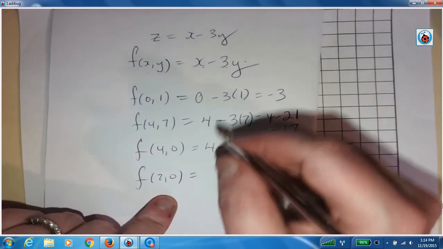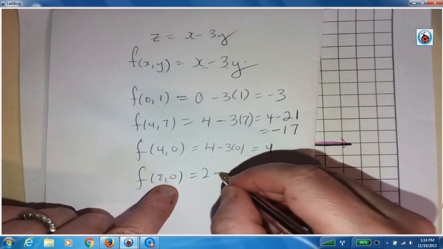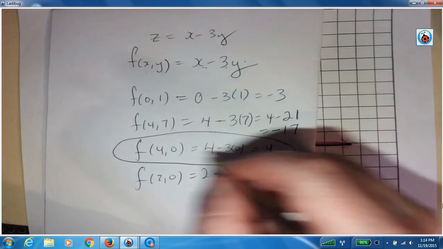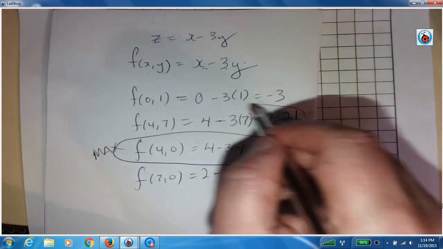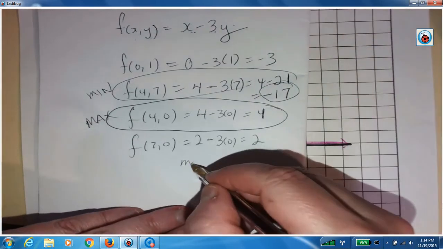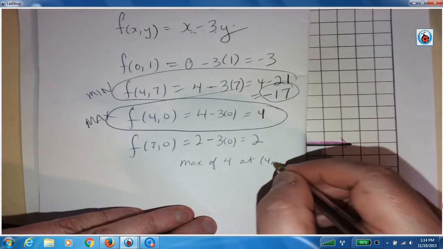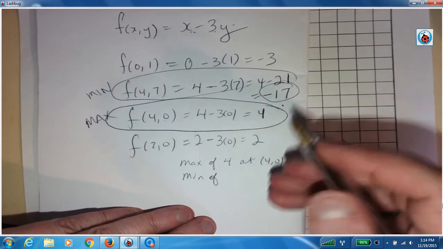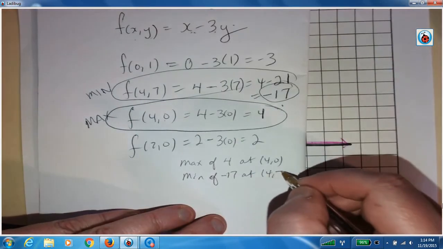And here I'm going to have 2 minus 3 times 0. Okay, that's the highest one. That's my max. And out of these, negative 17 is the lowest. That's my min. So I have a maximum of 4 at the vertex 4, 0, and I have a minimum of negative 17 at the vertex 4, 7.